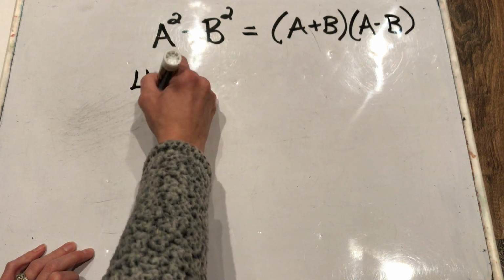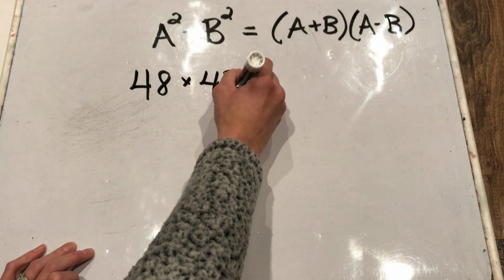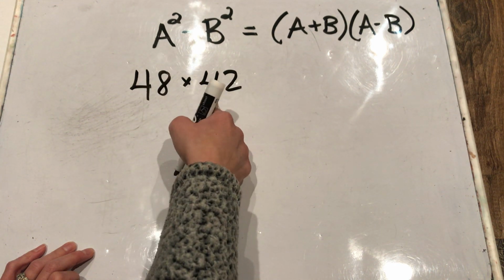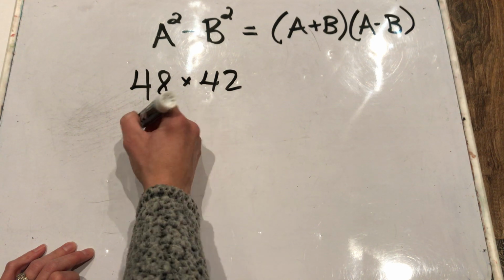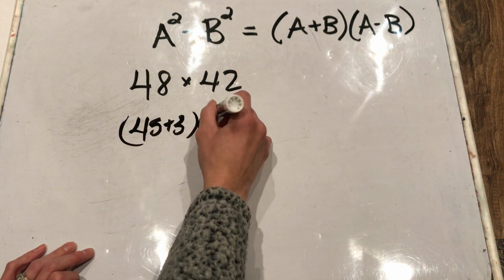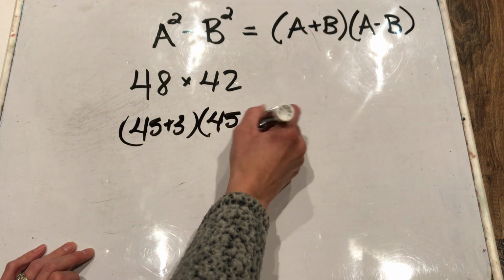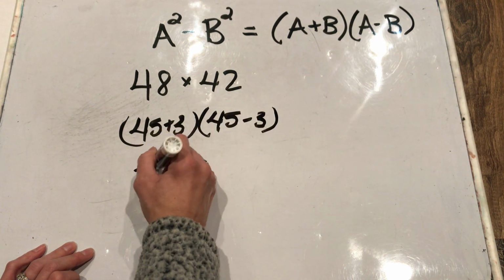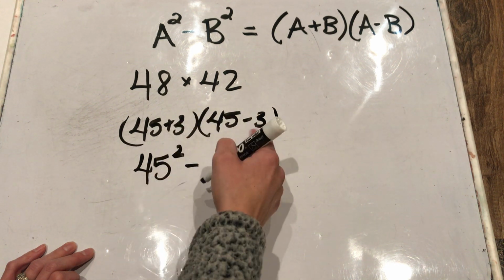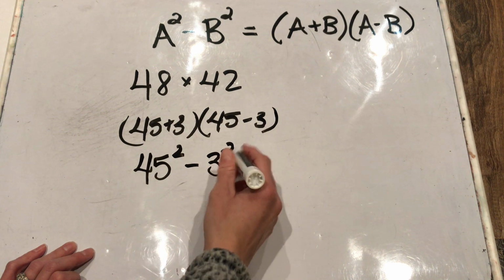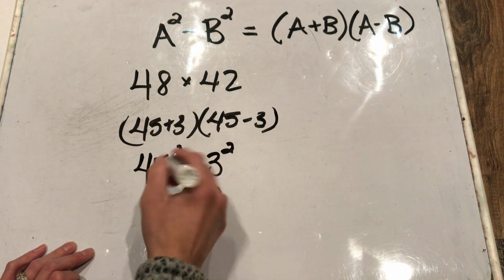If we did 48 times 42, I look and I say, well, this is 3 away from 45, and this is 3 away from 45. So 45 plus 3 and 45 minus 3. Now that looks a lot like this, so all I have to do is square 45 and then square 3 and subtract it. 3 squared is 9. 45 squared.